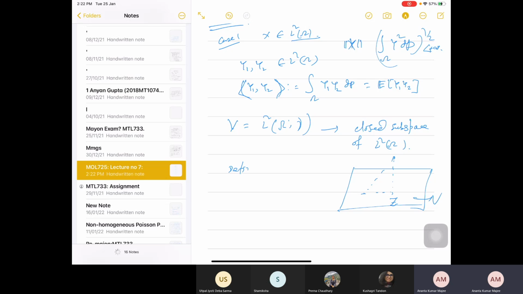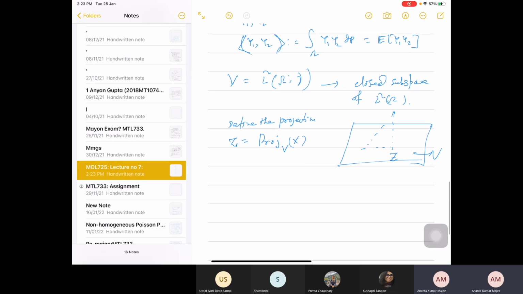So define Z, which is nothing but the projection of X on the closed subspace V. Then you have seen that it satisfies the property that it has the minimum distance. In particular, that means the expectation of X minus Z squared is the infimum, that is the minimum.